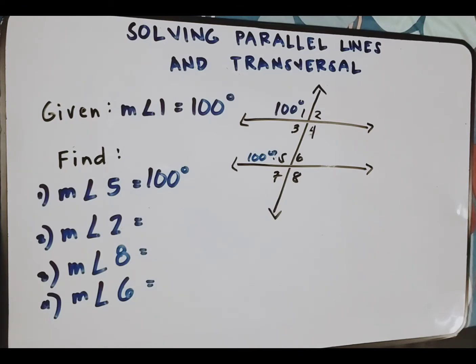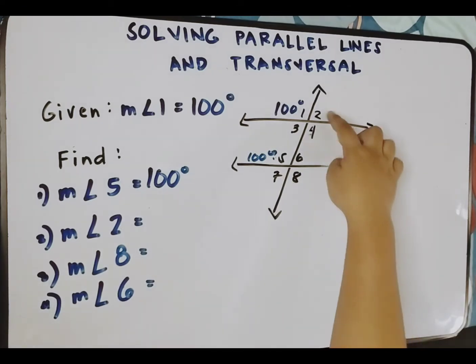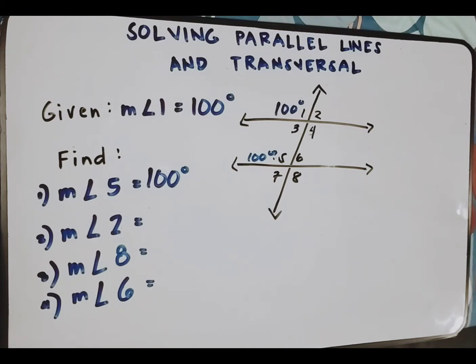Okay? Next is, we have angle 2. This is now angle 2. So, again, mag-base tayo dito kay angle 1, which is 100 degrees. Now, angle 1 and angle 2, they are linear pair. And diba, pag linear pair, it means that they are supplementary. So, meaning to say, their sum is 180 degrees.